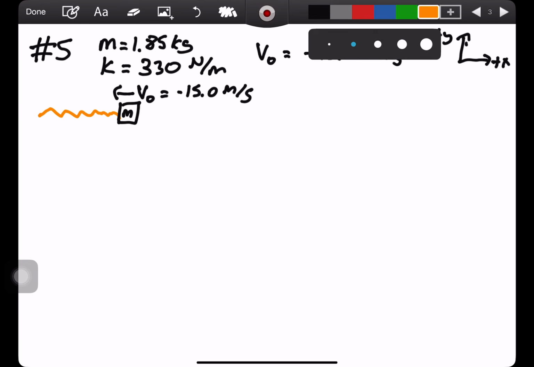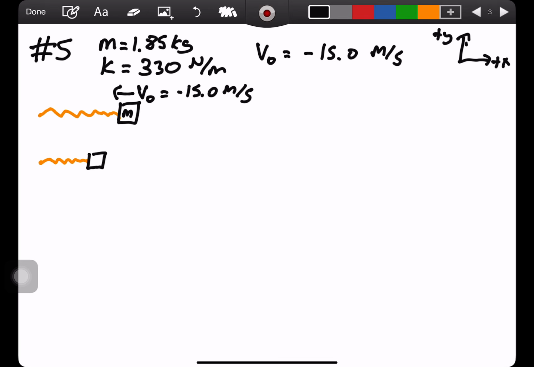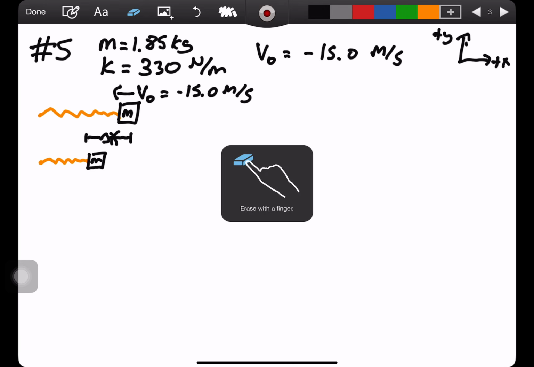Now, if you can imagine, that spring is going to squish up. I'll draw the mass. The mass doesn't change, but there's been a change in the position of the mass, and that's delta x. I'll make that more clear.